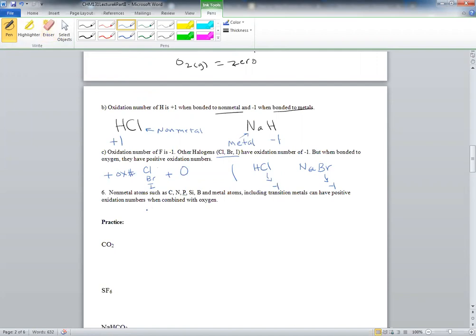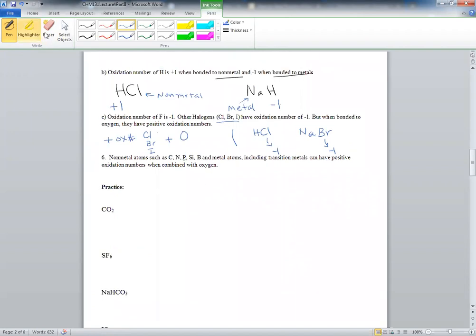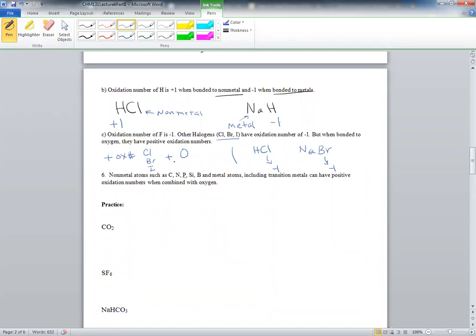And lastly, before we end and then look at the video on the examples, since those are set in stone rules, what's left is that you will have atoms that are changing. They change all the time, like carbon, nitrogen, phosphorus, silicon, boron, and metal atoms, including the transition metal atoms that can have positive oxidation numbers.